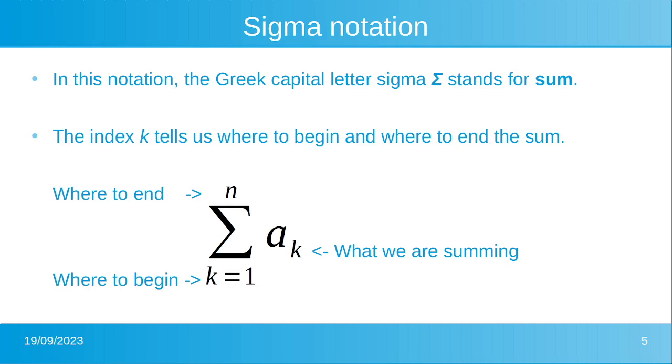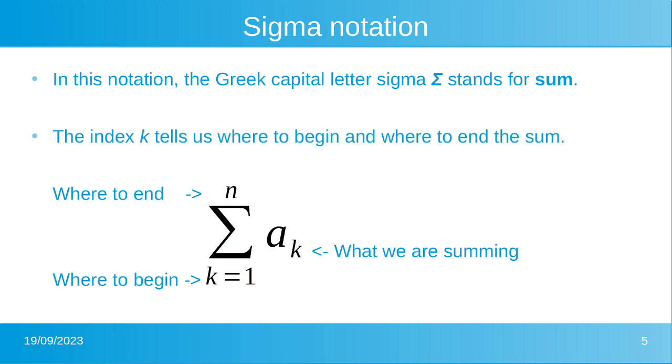summing. So in this particular example, we'd start with k is equal to 1, and that'll give us a_1, and then we'd increment our k value. So we'd increase our k value by 1, so k would become 2. Then we'd have a_1 plus a_2.